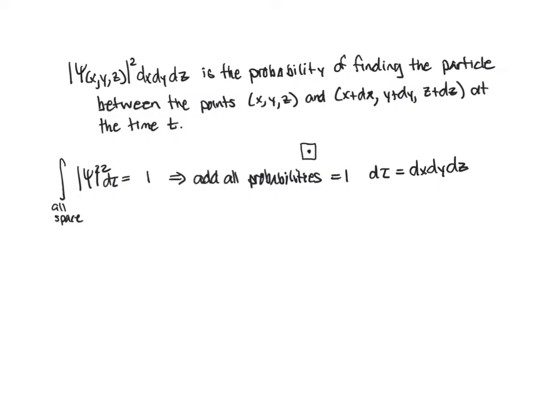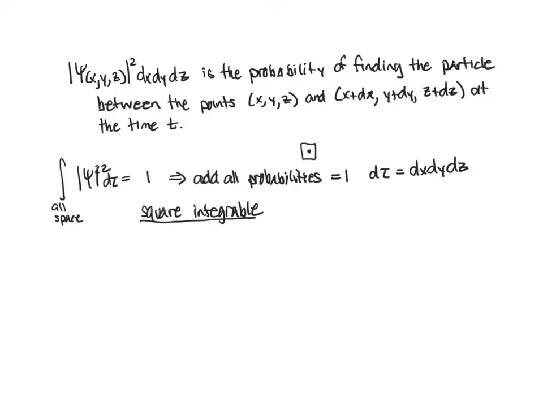So we say that this is square integrable. In other words, I can integrate the square of the function. And that has to be true if I am going to interpret this as a probability. So that's the first thing.